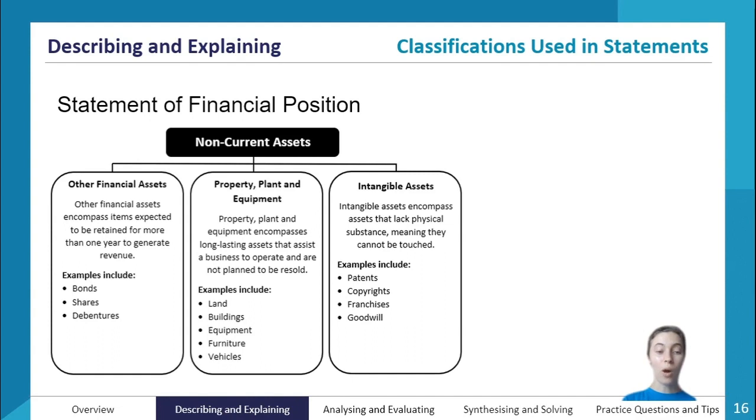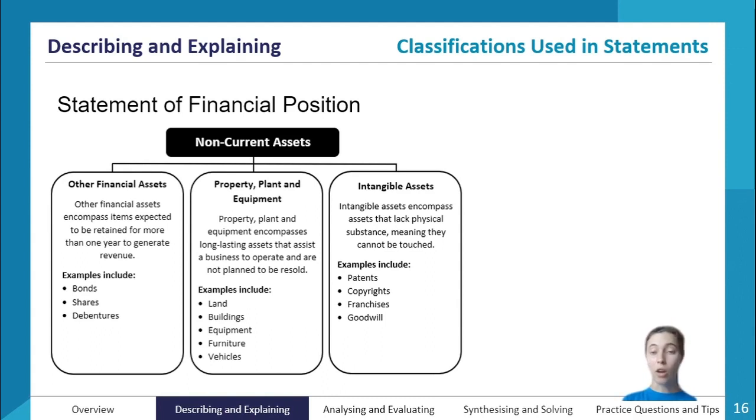So bonds, shares, anything that is another investment that's going to generate revenue, hopefully. Property, plant, and equipment. So this is about those physical things that you have. So furniture, vehicles, land, buildings.